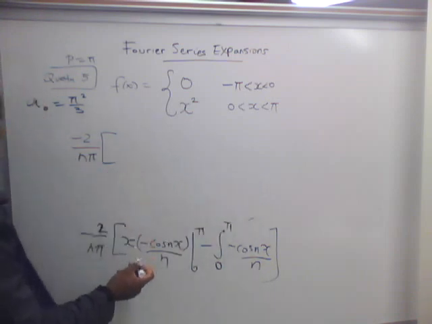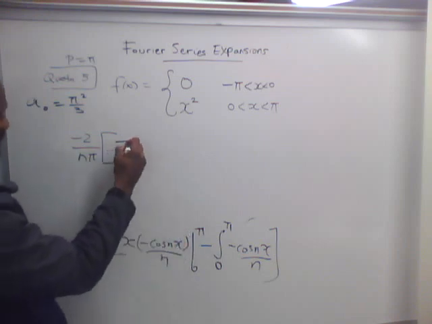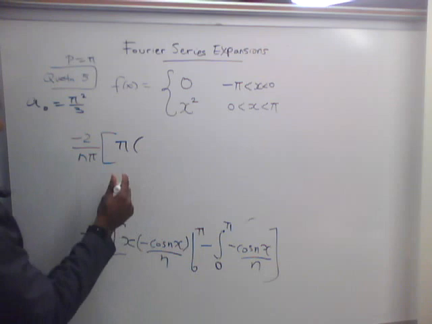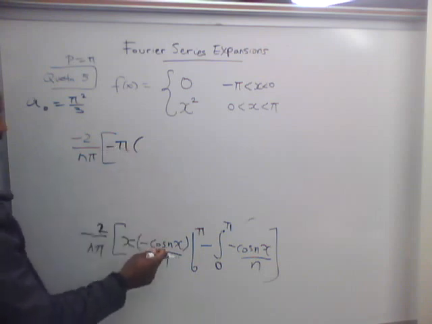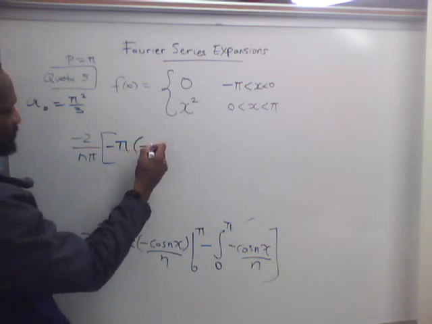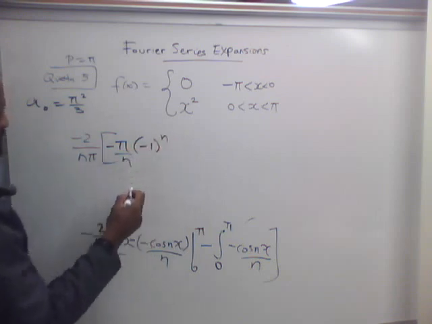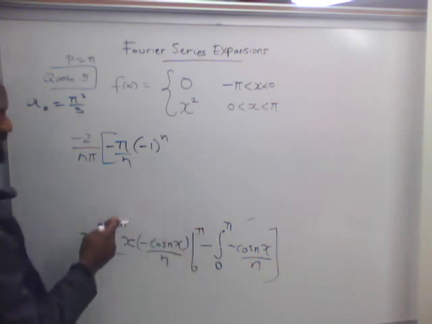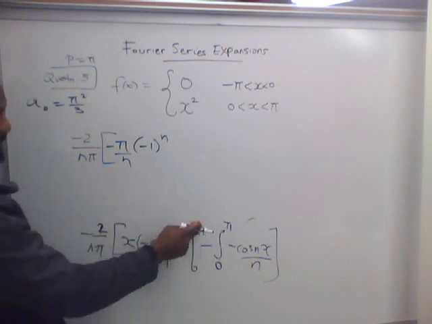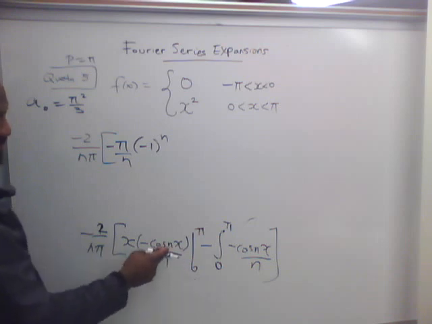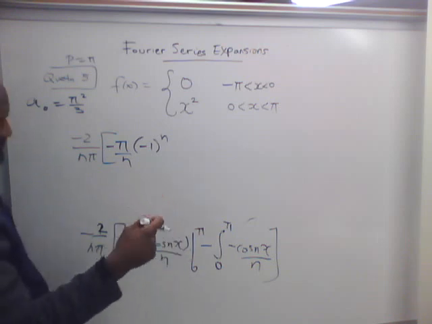So I can then rewrite this as: plug in pi, that gives me pi. I'll pull out this negative sign here. And I know that cosine n pi is what we just showed. Divide that by n. Okay, that's this term right here at the upper limit. For the lower limit, I have cosine 0, which is always 1.